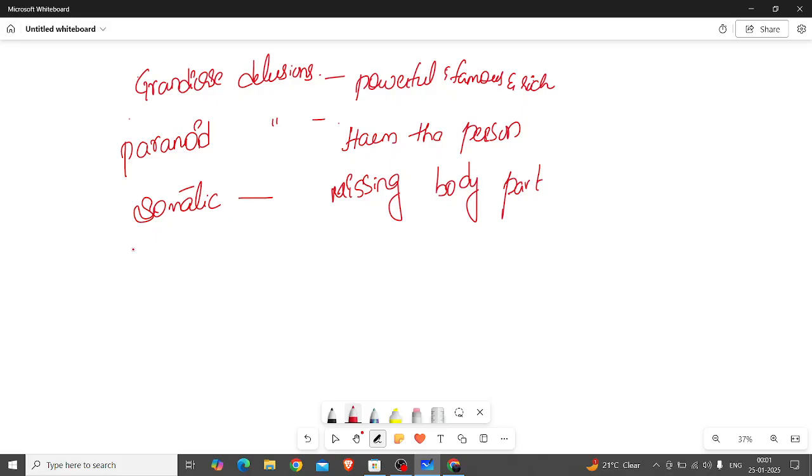Then final one, delusional jealousy. Here the belief will be of unfaithfulness. If we consider a married couple, the partner will believe the co-partner is unfaithful, because he won't easily trust his partner.